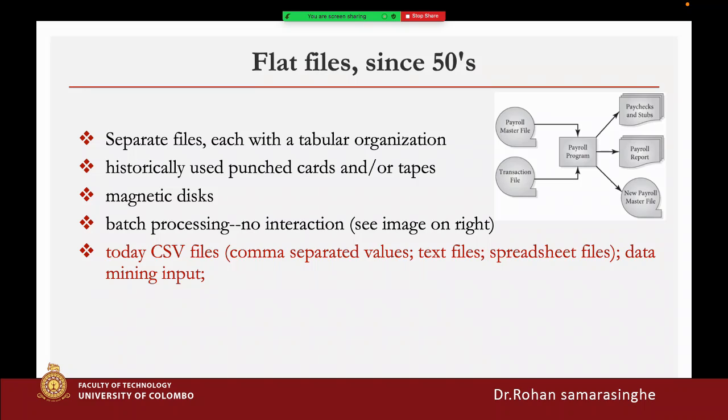A small amount of data could be stored on the magnetic discs. Then normally batch processing was used when needed, with no interaction.